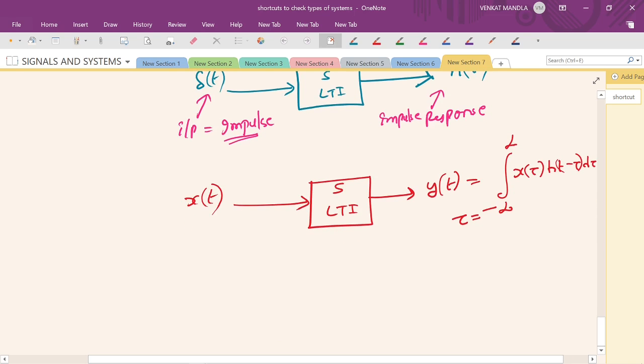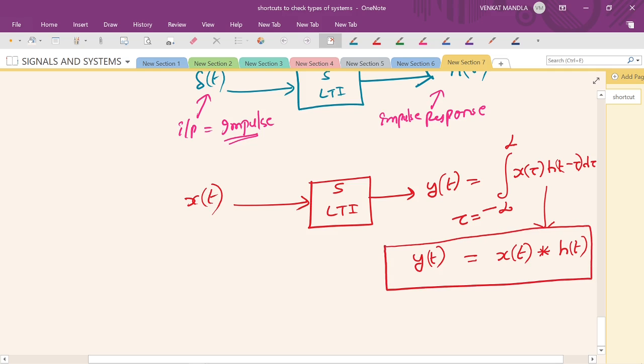This operation is called convolution, x of t convolution with h of t. So the convolution operation is defined only for a linear time invariant system, right?